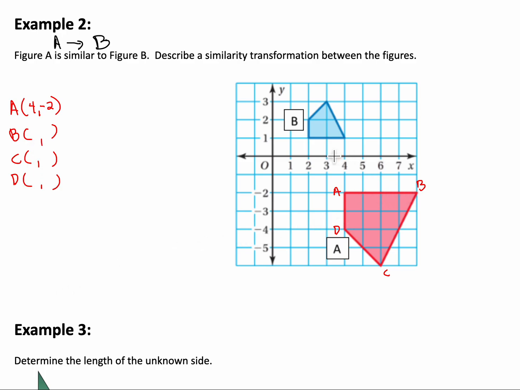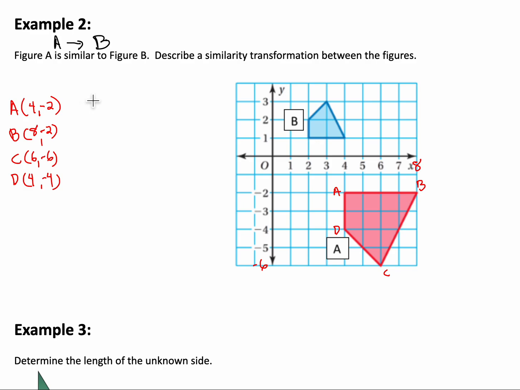So B is, let's see, 7 is here, so 8 would be B. We have to watch out for that because sometimes they don't put all the numbers, but we know it's an 8. 8, and it goes down 2, so 8, -2. Then C would be 6, -6, and D is 4, -4.